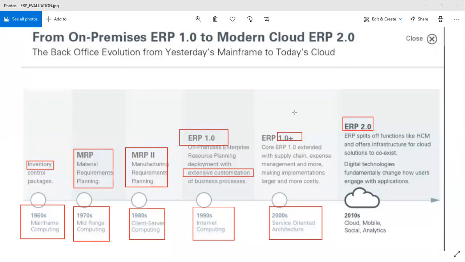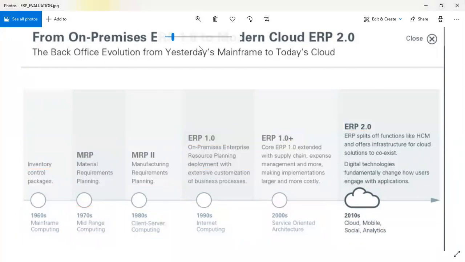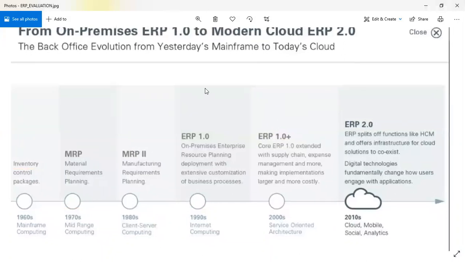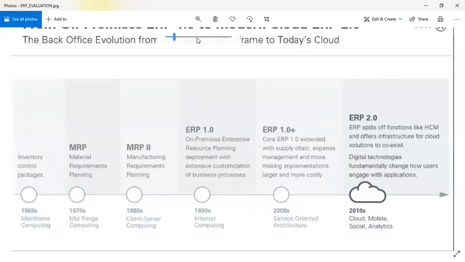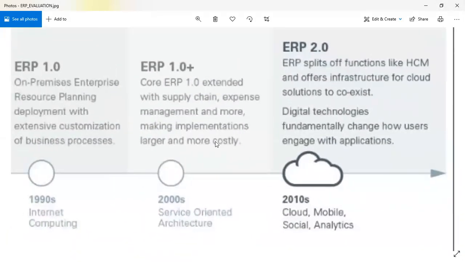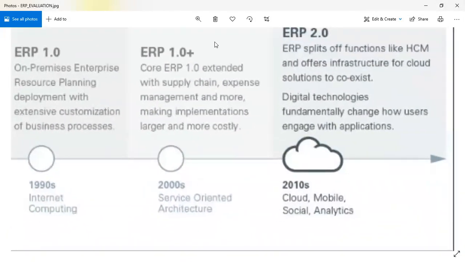So now the client's expectation is modern cloud ERP. Whatever ERP software the client wants to use, make sure that the ERP is compatible for cloud. Then the clients are interested.